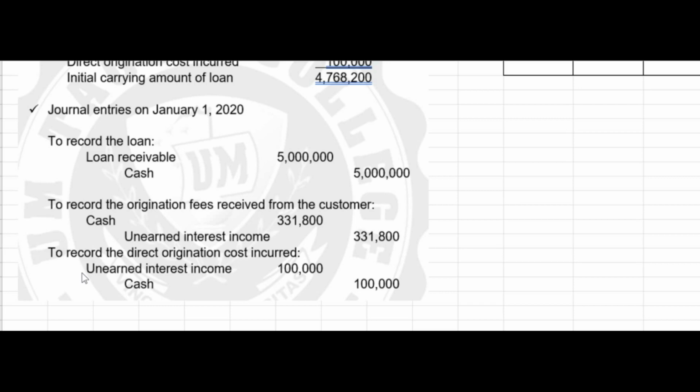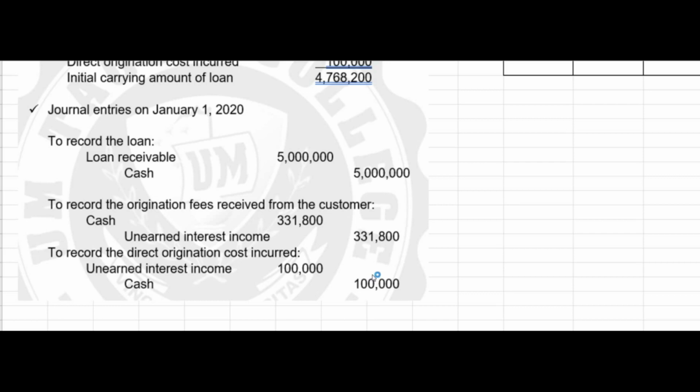Instead, we debited it to your unearned interest income. That is to offset your direct origination cost from your origination fees. So here you'll have a debit to unearned interest income of 100,000 and a credit to cash of 100,000.